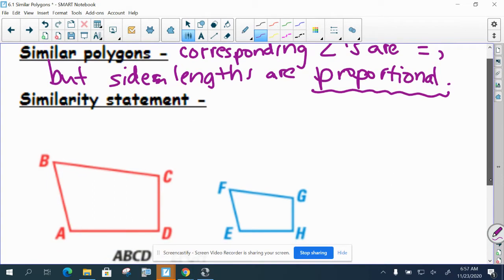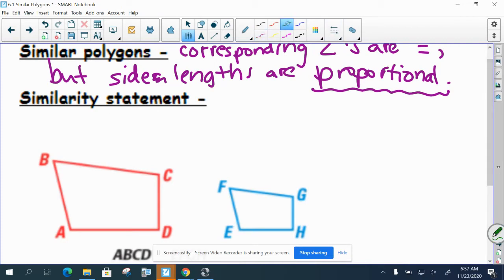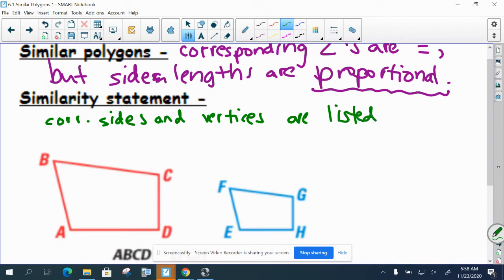All right, so a similarity statement is where corresponding sides and vertices are listed in the same order.